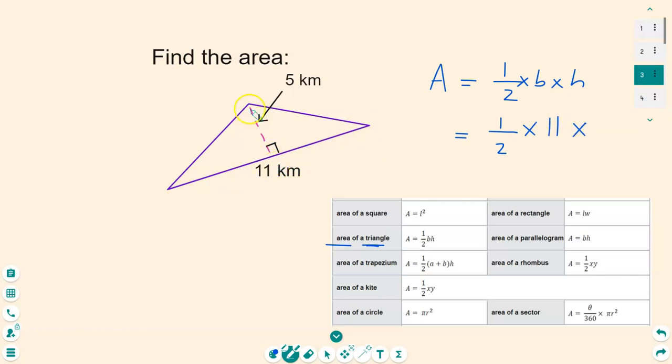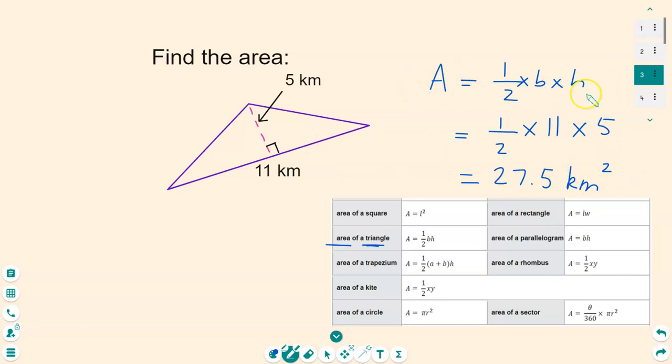The perpendicular height, the height at right angles, is 5. And so I guess we'll be doing half of 55, 27.5. And always check our units make sense. Area, think square meters or square kilometers. We input kilometers, so I must get that out.